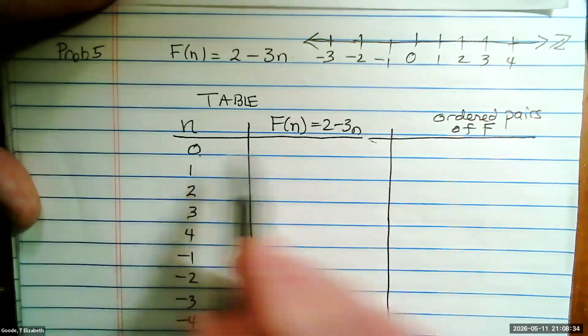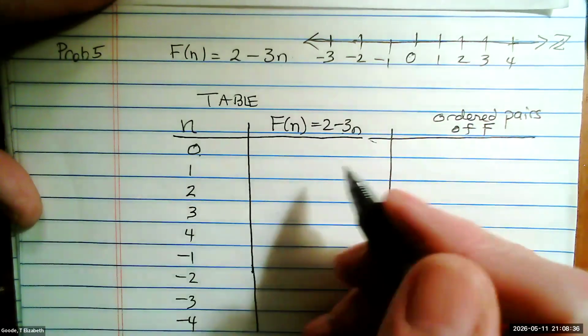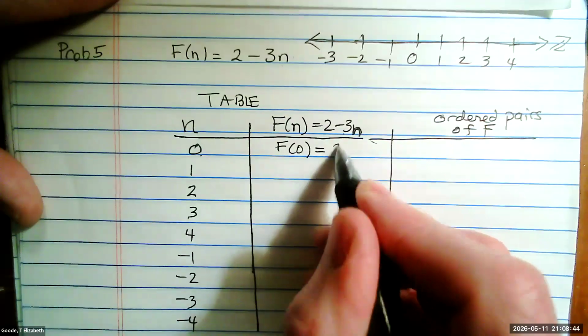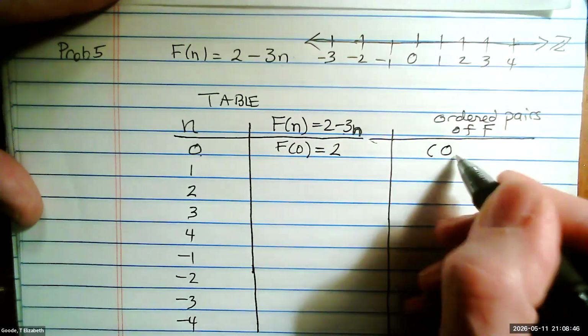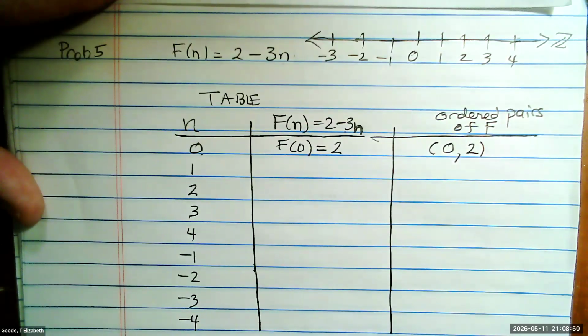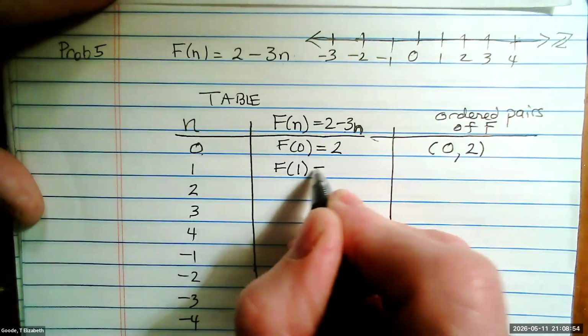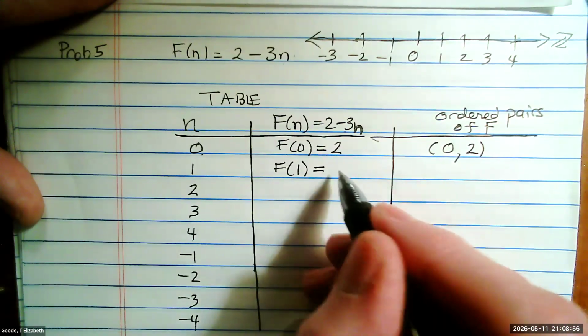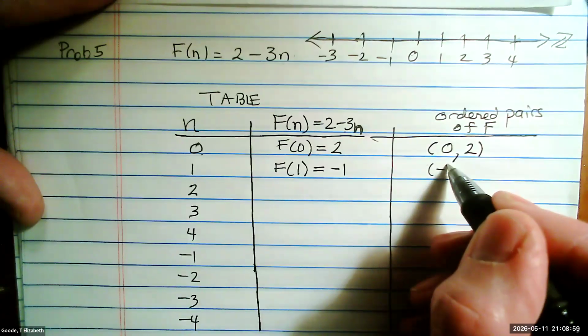When we plug in 0 for n, what is f of 0? 2. Yeah. So the point 0, comma 2 is a point on the graph of f. You with me? All right. What's f of 1? -1. Nice.